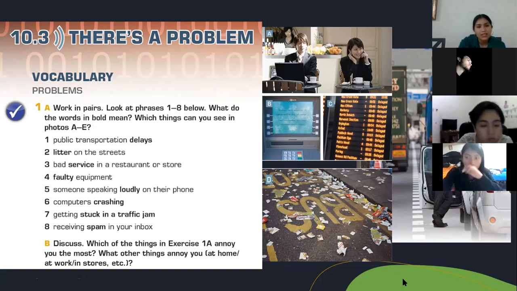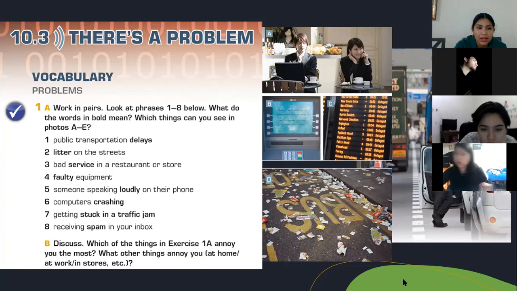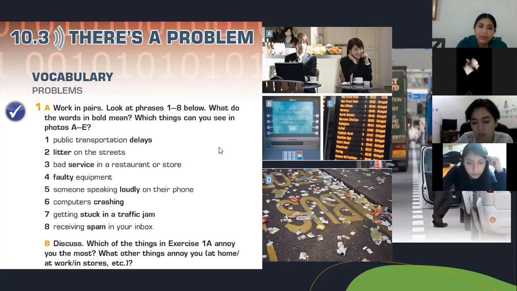Or let's say that you are cleaning in front of your house, and then you see people littering, tirando basura. It is also annoying. Probably it varies, right? And most of them, definitely all of them are annoying. Todas son molestas, but obviously there will be ones that can annoy you more than others.